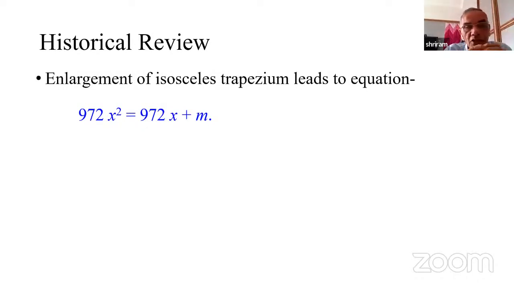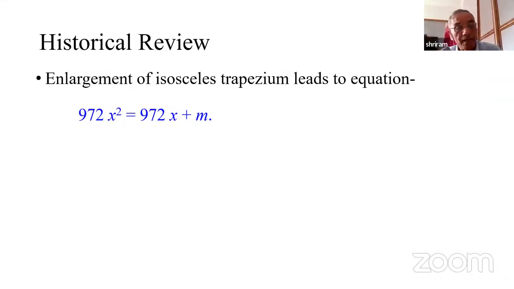The problem was enlargement of an isosceles trapezium. Given an isosceles trapezium, they wanted to enlarge it to a particular dimension. So they have results about this 972x square equal to 972x plus m.